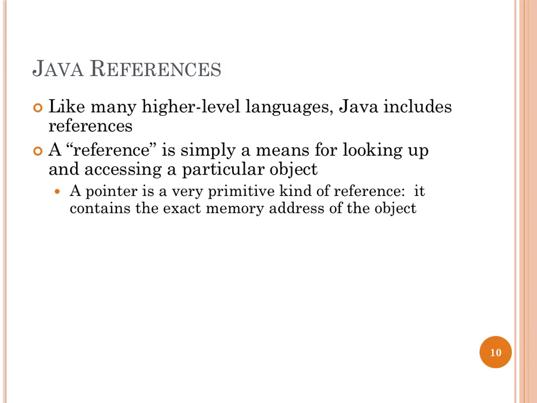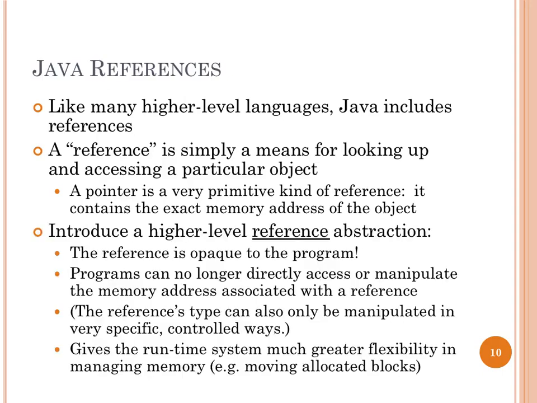Okay? But maybe what we could do is make this a little bit more opaque. Maybe we could figure out a way to take the reference and say, yeah, it's kind of like a ticket or some token that represents this object, but it doesn't actually hold the address of the object in memory, and we're not going to let programs access that information anyway. We're going to keep it secret. Okay? So this is a higher level of abstraction. We're starting to hide some of the details about where things live.